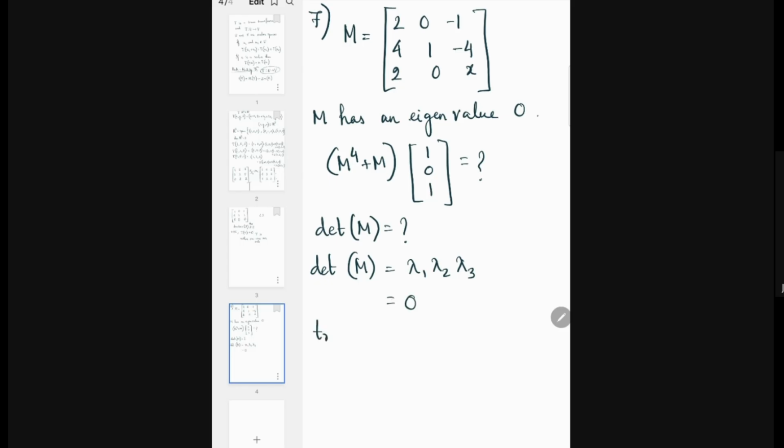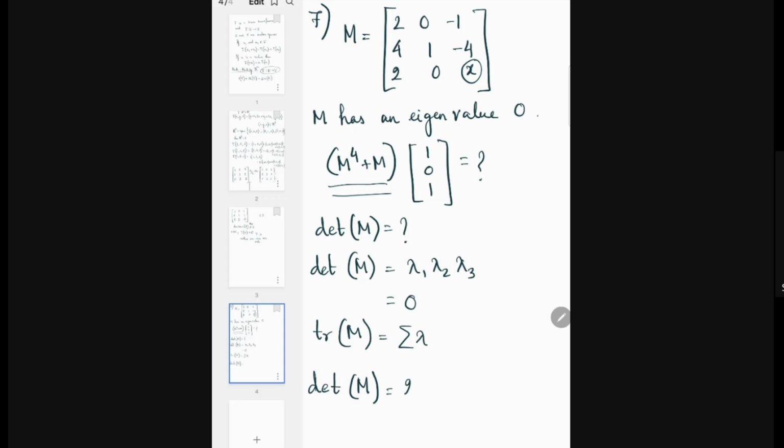And can you say what will be the trace of M? Sum of the eigenvalues. Right. Sum of the diagonal. Yes. So now we have 0 as an eigenvalue, so we know that the determinant of M should be 0. We need to find what x is first, otherwise we cannot calculate this.